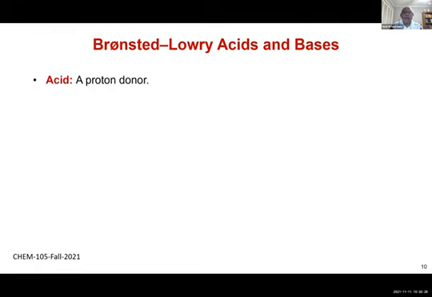Now we begin to understand hydroxide ions and hydrogen ion concentration. Acids increase the hydronium ion concentration according to the Arrhenius definition.